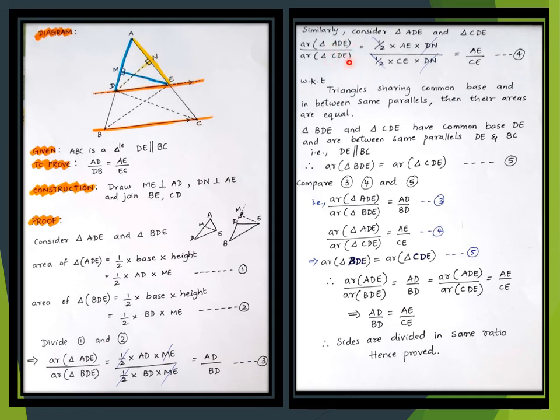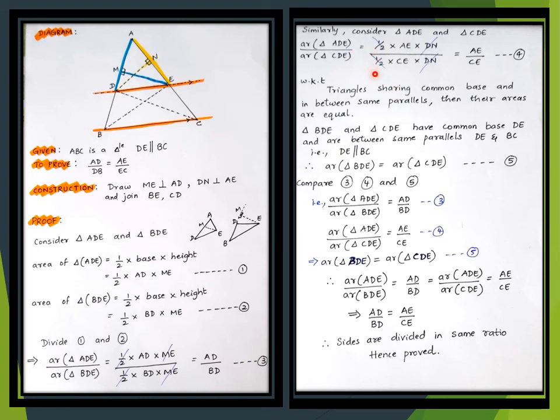For triangle CDE, CE will be the base. And if you take CE as the base, the corresponding height is DN, which is outside the triangle as we did here. So it is going to be half into CE into DN. Check if there are any possibilities of cancellation.